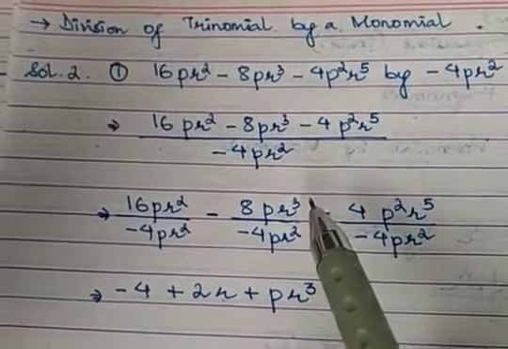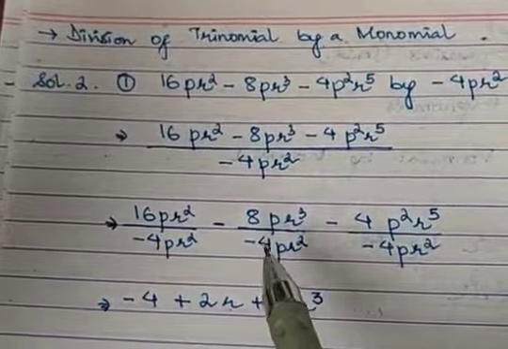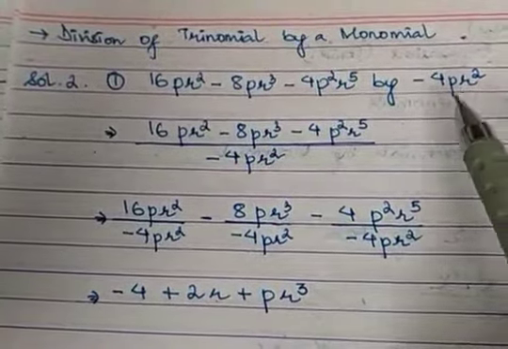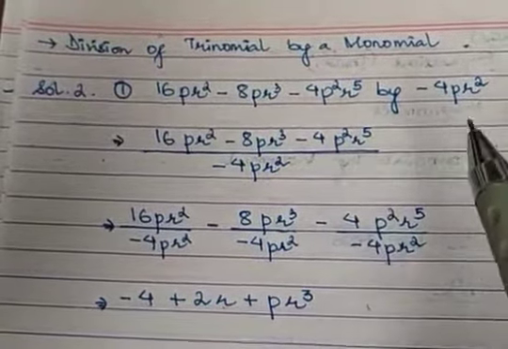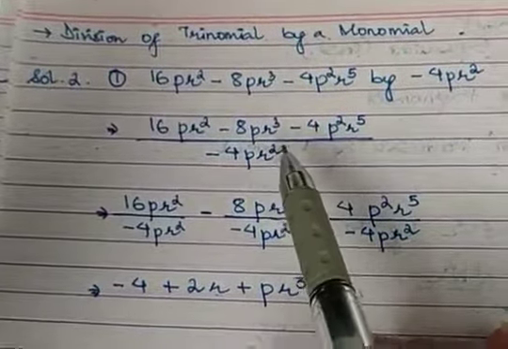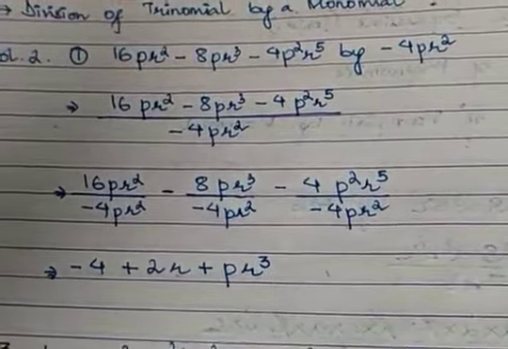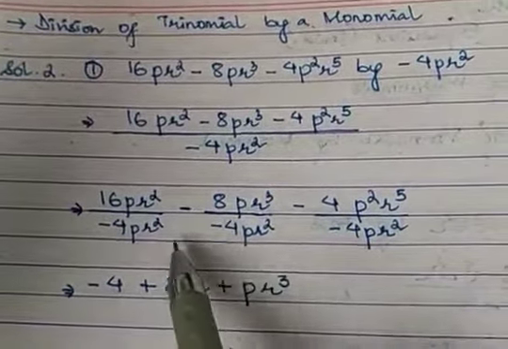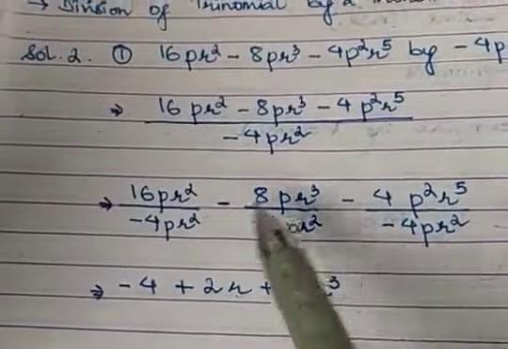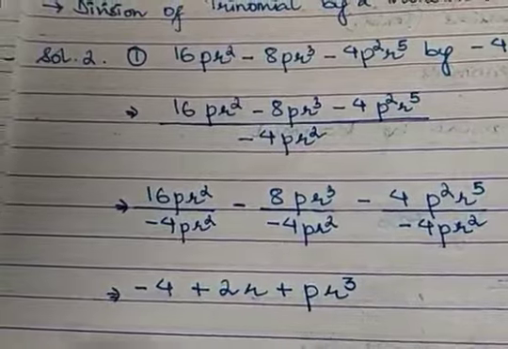Remember, this can only be done when the divisor is a monomial. When we need to divide a given expression by a single term, only at that time this is applicable. That is, division of this divided by this and separating these terms. Okay, and after separating the terms, what do we have here? See, monomial and monomial, monomial and monomial, monomial and monomial. So you already know what to do with that, isn't it?